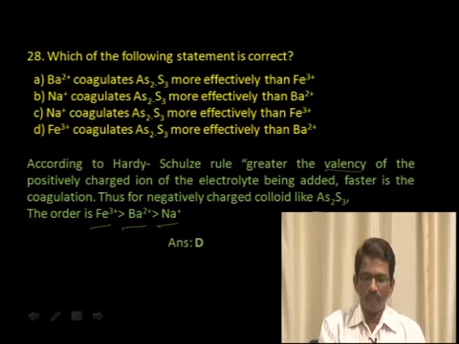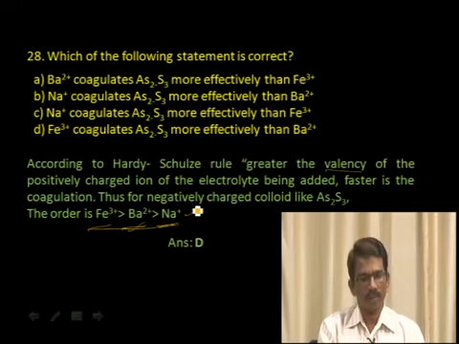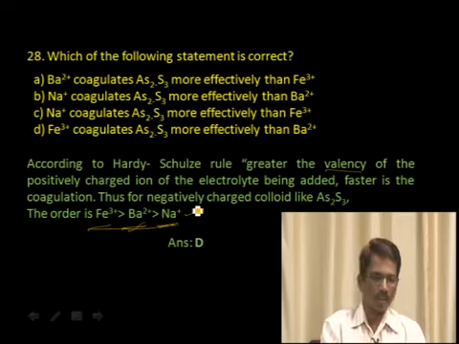Since arsenious sulfide sol is a negatively charged colloid, the coagulating power increases with the charge on the cation, and therefore the decreasing order of coagulating power is Fe3+ greater than Ba2+ greater than Na+. Among the four options given, the correct statement becomes option D.